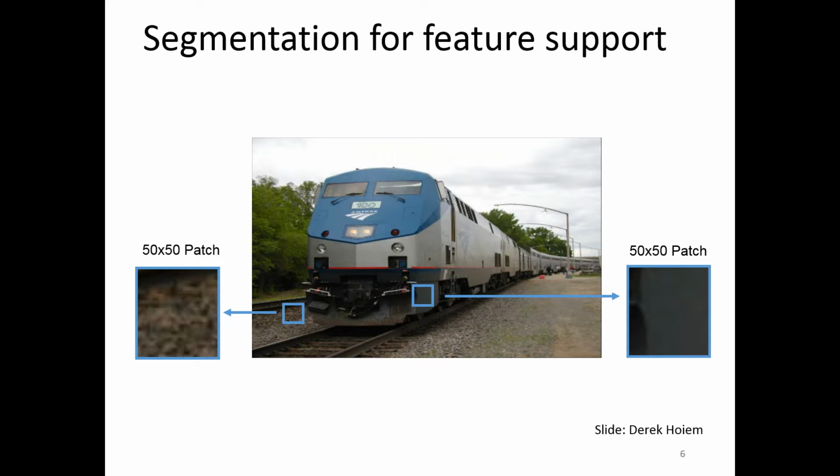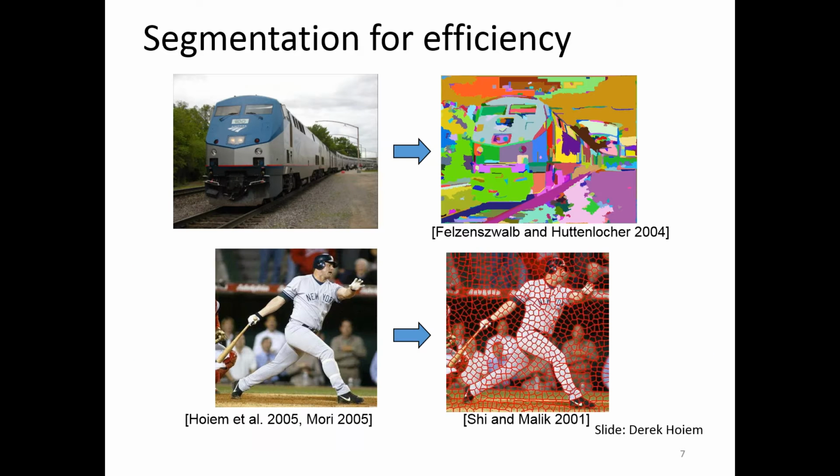Of course, we can also use segmentation to extract features. For example, we know that this is a train here, so for the object we know that this is the object, and we try to extract features only on the object but not outside the object.